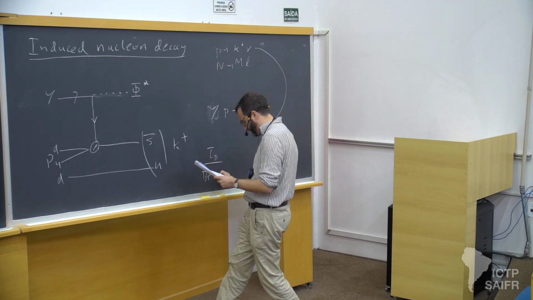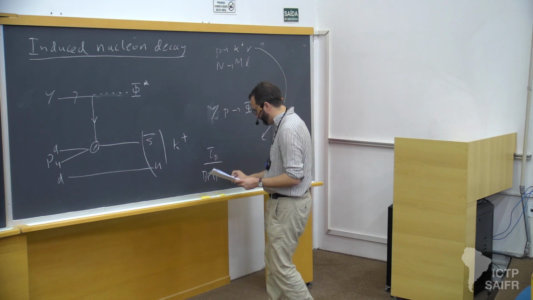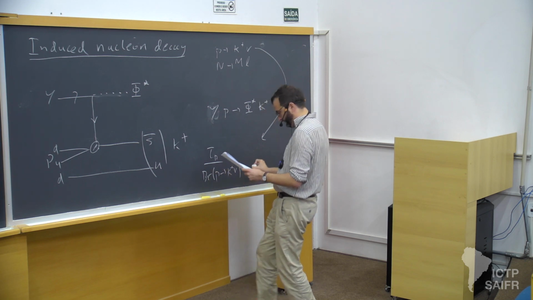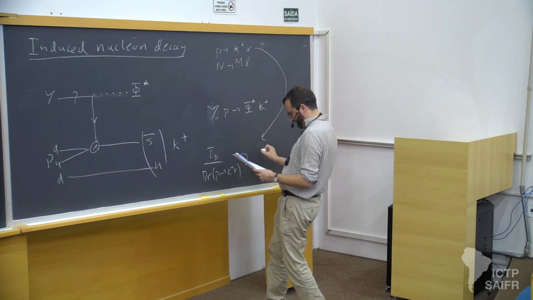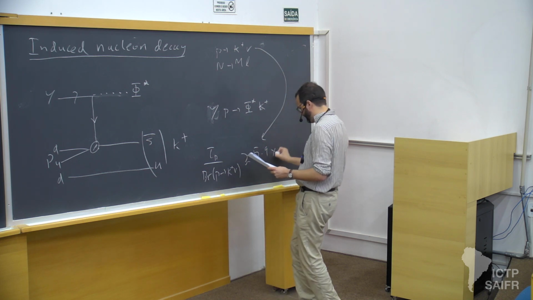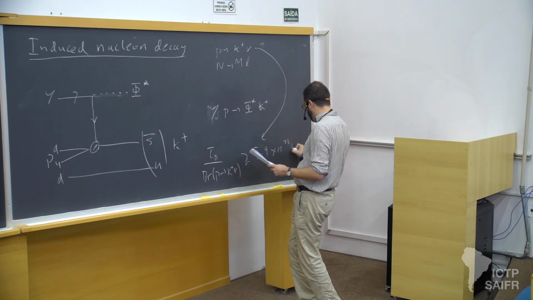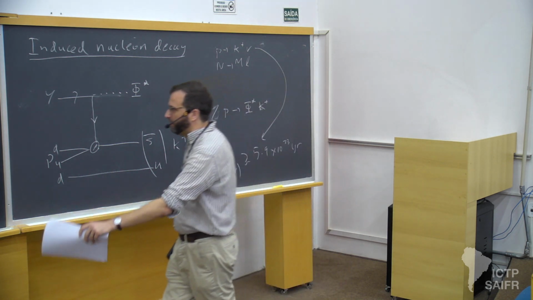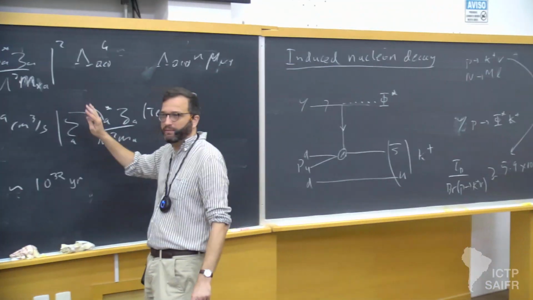So the proton lifetime divided by the branching ratio for this decay channel, given the Super K constraints, should be above 5.9 times 10 to the 33 years. So comparing this, you can say, okay, this shouldn't be TeV scale, this should be a bit higher.